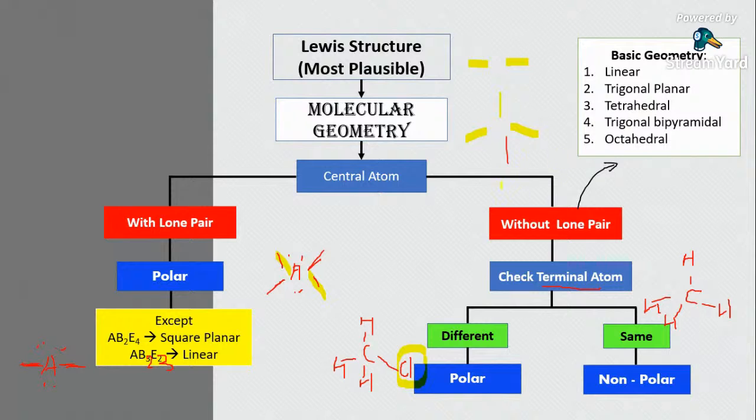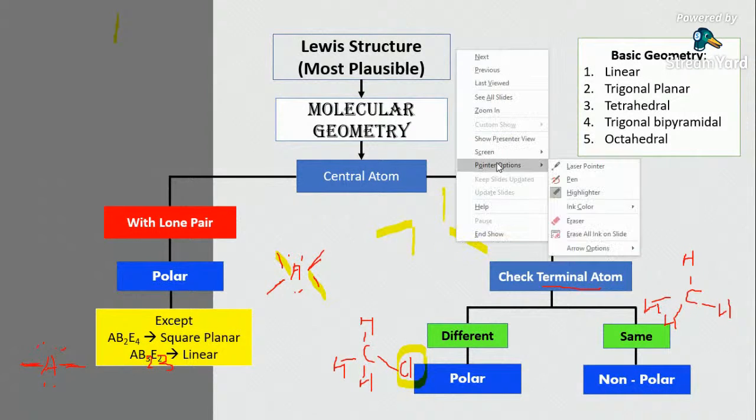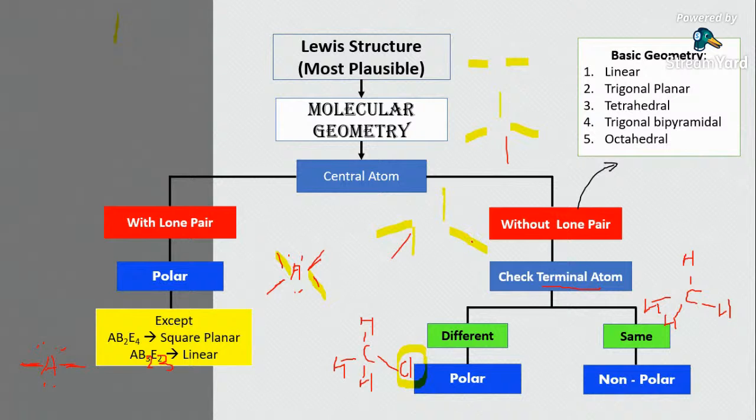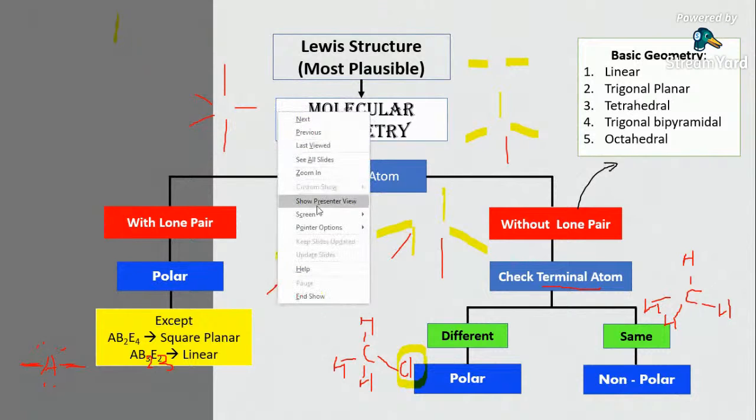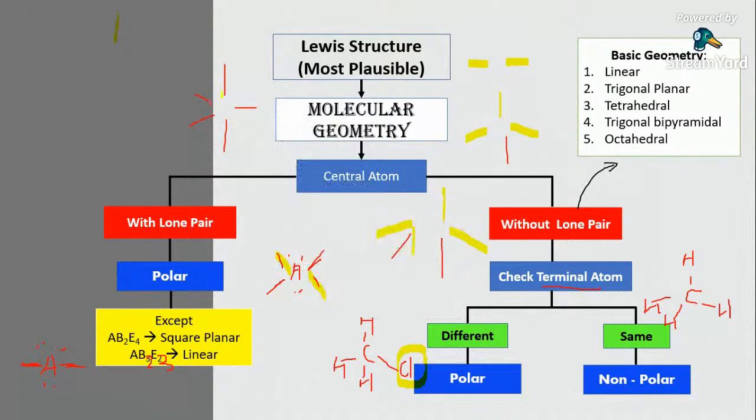For tetrahedral, the structure will be like this. These two will generate a dipole moment like this, left and right. These two vectors, when joined together, will produce a vector downwards, and then up and down cancel off. For trigonal planar, actually it's like this. For the shape of trigonal planar, up and down cancel.